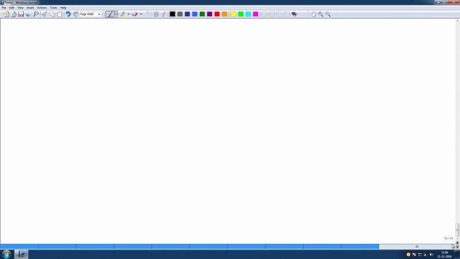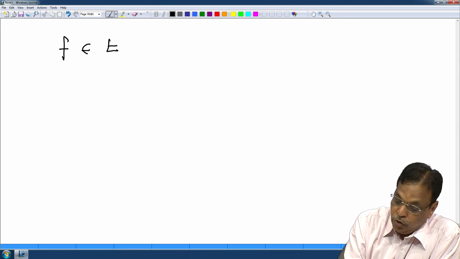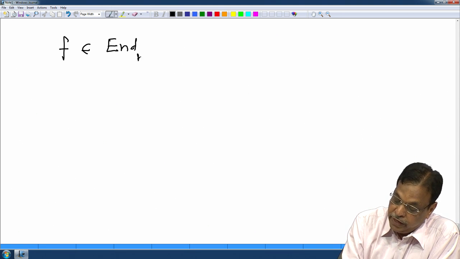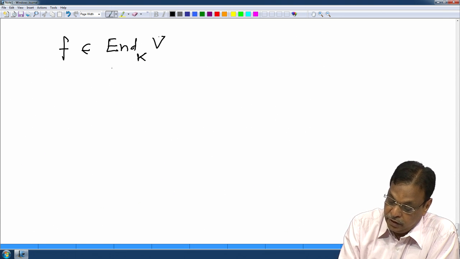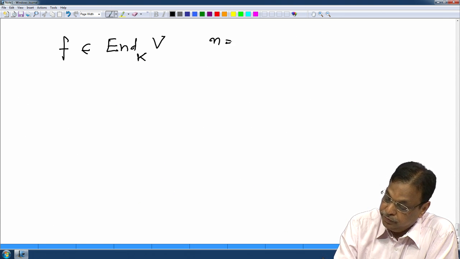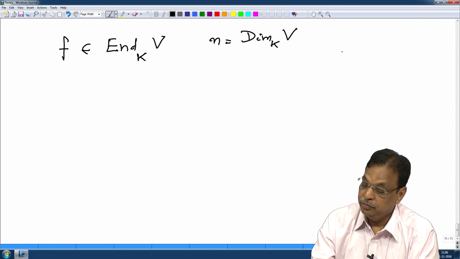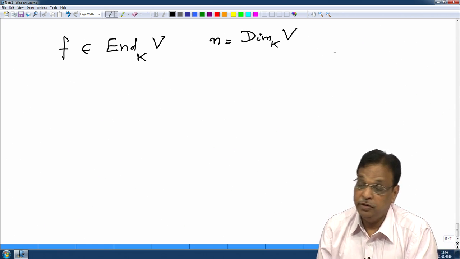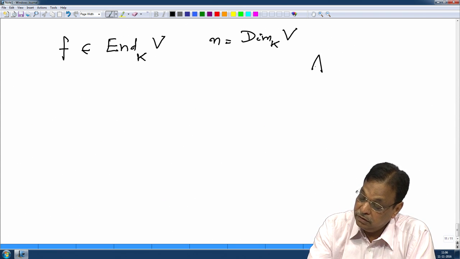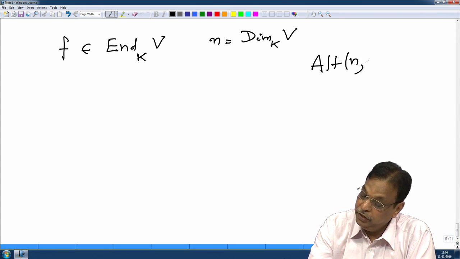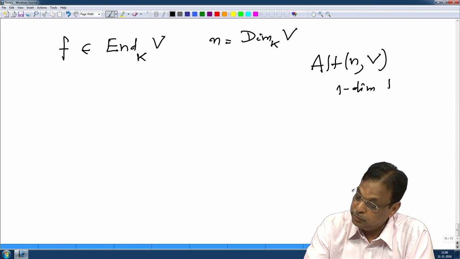So, now the only thing we have given is f. f is an endomorphism, a linear operator on a finite dimensional vector space V, and let us call n the dimension. And I am going to use the main theorem of determinants, that Alt^n(V) is a one dimensional K vector space.